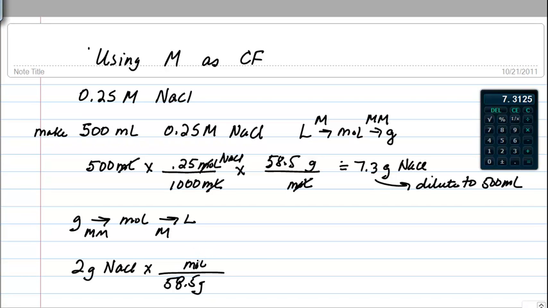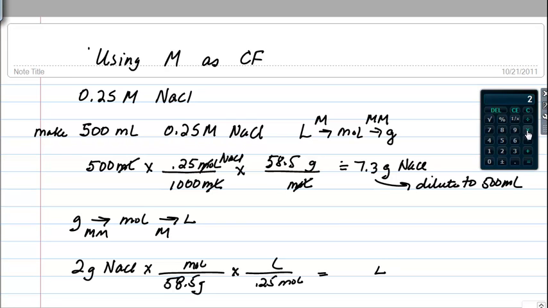There are 58.5 grams in a mole, and then I also know that my solution is 0.25 moles per liter. And those pieces will give me the number of liters I need that will be equivalent to 2 grams of NaCl. Now this time I'm doing divisions.